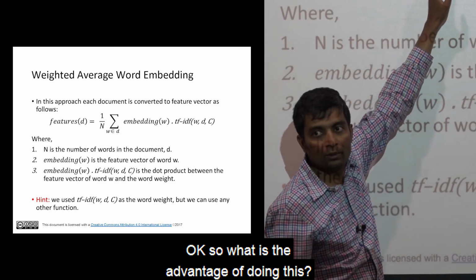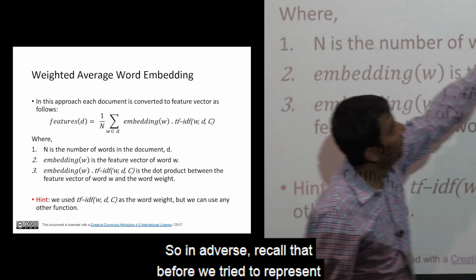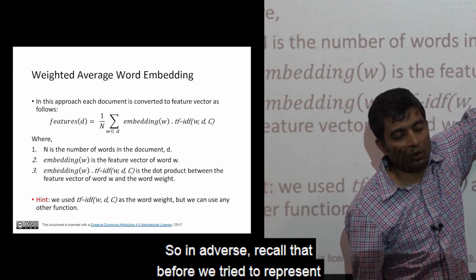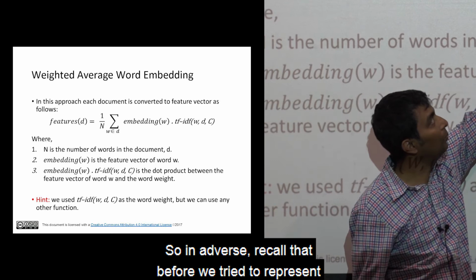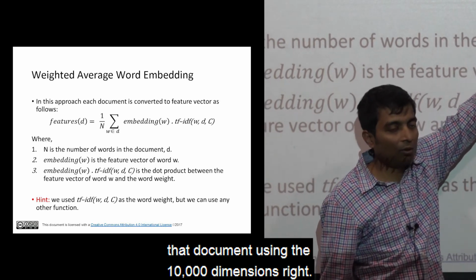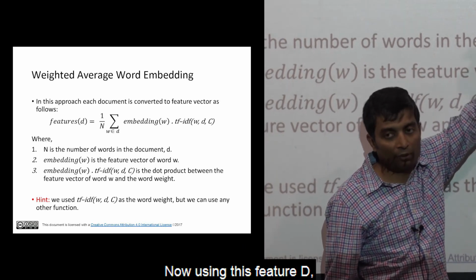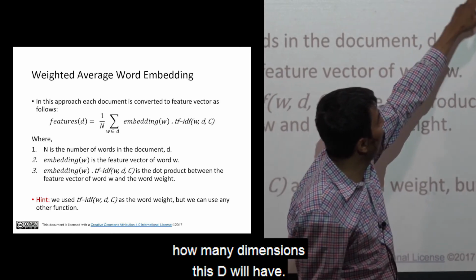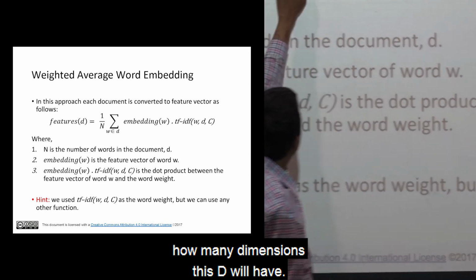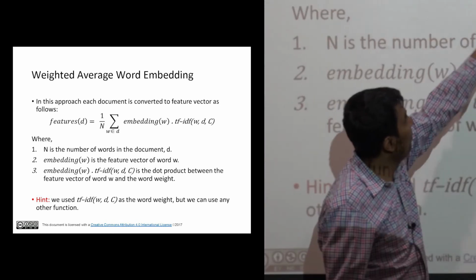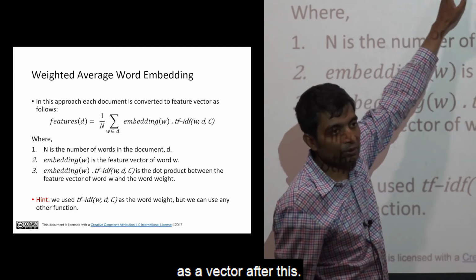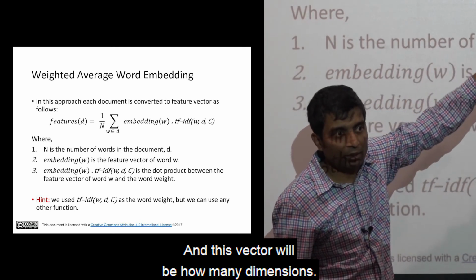Do you agree with that? So whether you use word2vec or GloVe or whatever model, from the training corpus they will end up with 300 dimensions for each word. Now these 300 dimensions will multiply by the weight, and then we take the sum and then take the average. That way this feature D will be represented by a vector with 300 dimensions.